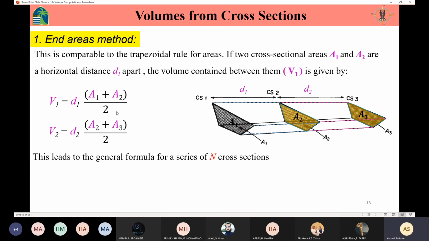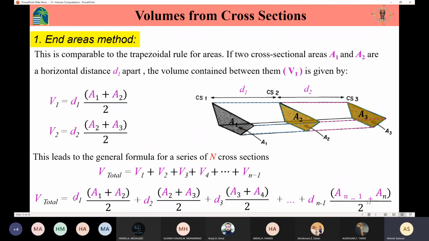But this simple process is going to lead us to n number of cross sections. If I have a number of cross sections, I will be able to determine this using this rule. I'm going to add all of the volumes together, the volume of this part plus the volume of that part, and so on.